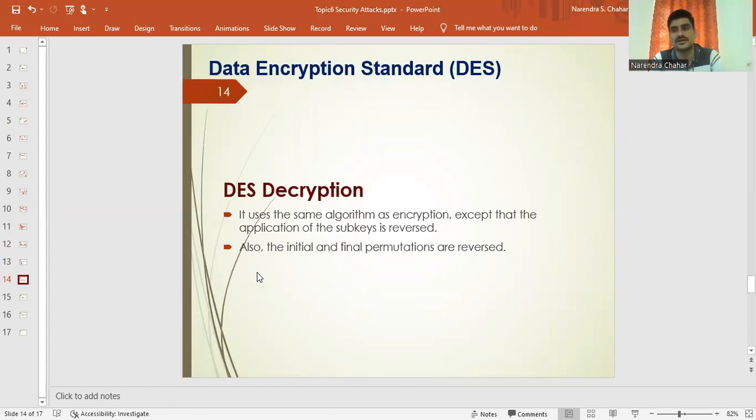This is the difficult task. But we do decrypt by using the same processor or the same subkeys available there. Also, the initial and the final permutations are reversed. Now, why are we reversing the initial permutation? Just because if we want to decrypt the ciphertext to the plain text, we need a key. So the key will be used here.